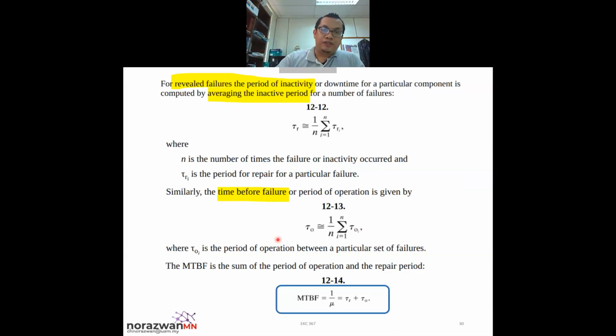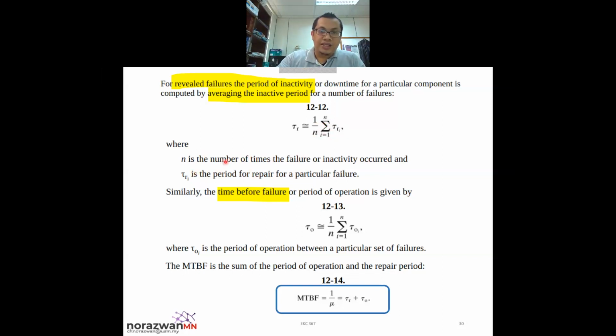For revealed failures, the period of inactivity or downtime, tau R, can be computed by averaging the inactive periods. Therefore, we need to make a summation of tau R, then divide by n.